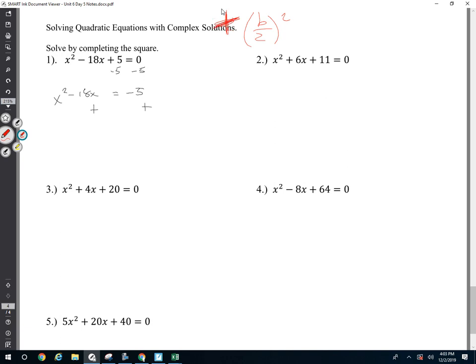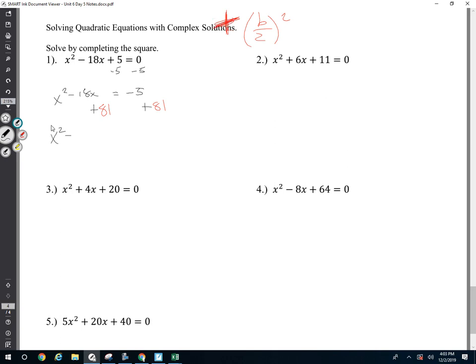What's 18 divided by 2 squared, please? Yes, because we remember that we will be fine when completing a square.